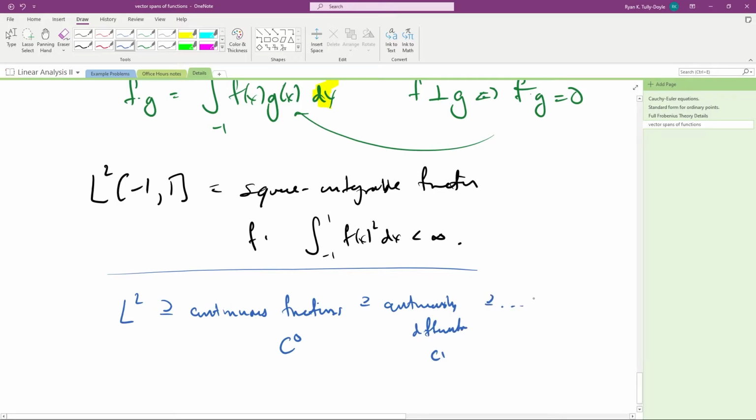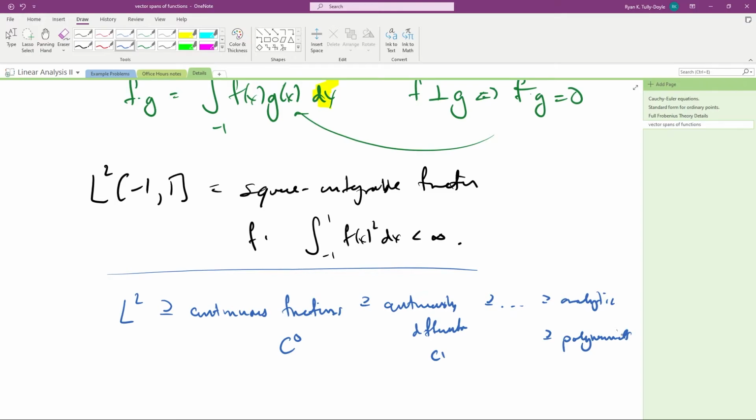Smaller and smaller spaces as you require more and more conditions. And probably the nicest family of functions that lives inside of here is the analytic functions. And living inside the analytic functions is the polynomials. So the polynomials live inside the analytic functions, which live inside any n times continuously differentiable space of functions, all the way up to the continuous functions, and living on top of that is the space L2.